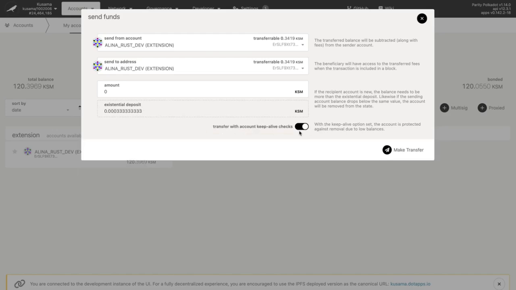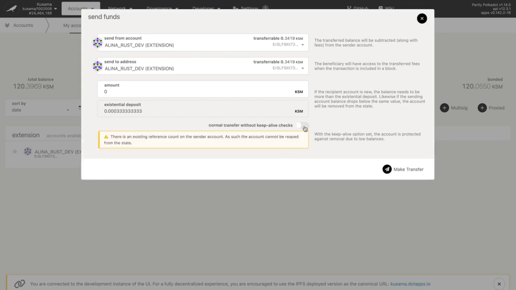This function is checking that the account should be kept alive. It means that until the existential deposit stays on the account, it will be functioning as regular. So to prevent this account from death, we have this button here.